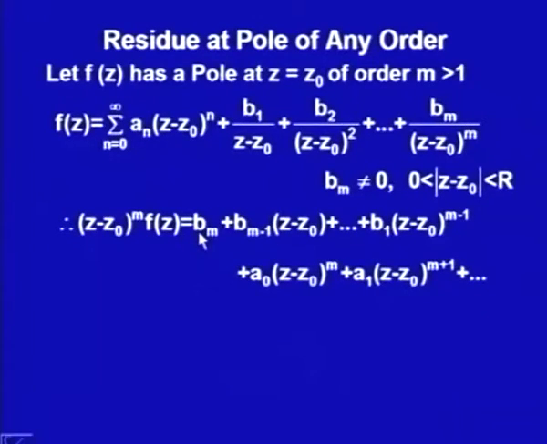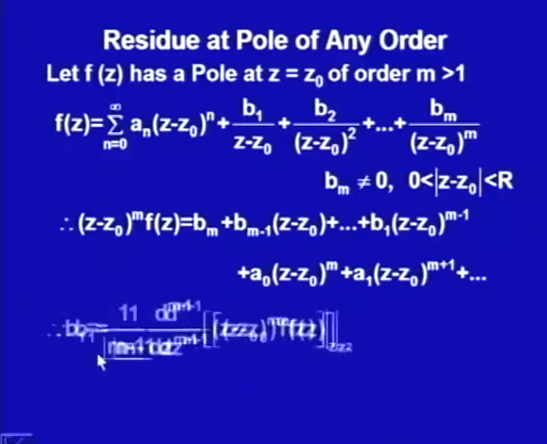I am having constant terms, then the terms involving the powers of (z - z0). That says my residue for this function f at z = z0, where z0 is a pole of order m, is actually the coefficient of (z - z0)^(m-1) in the Taylor series expansion of (z - z0)^m times f(z), that new function g(z).